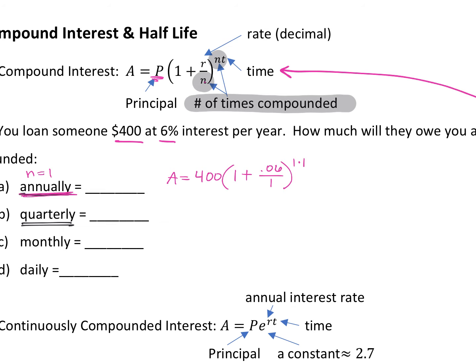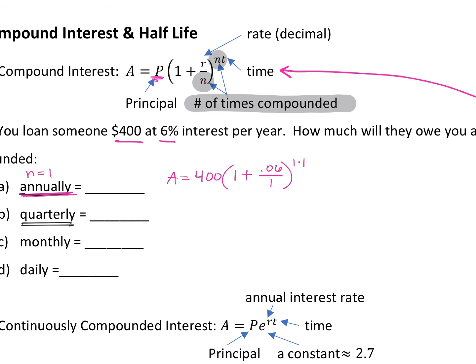Now, technically, do you even have to use our formula from today? You could use the formula from yesterday and plug in exactly the same stuff, right? When it's annually like that, it really doesn't change anything. But for the sake of setting this up appropriately, we're going to do it this way. So try plugging that into your calculator right now, exactly how you see it. 400 parenthesis 1 plus 0.06 divided by 1 parenthesis to the 1 times 1 power.